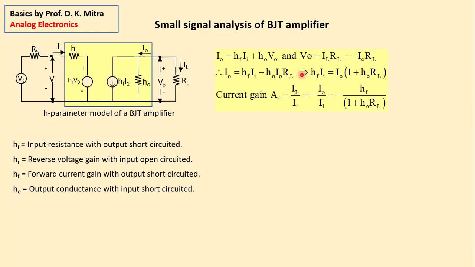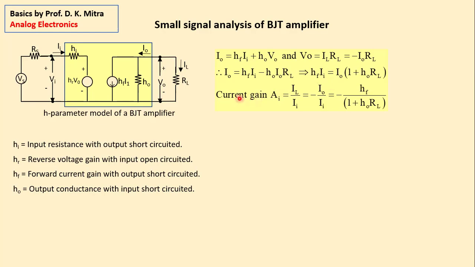From here we take HF II on the left-hand side, and IO comes on the right-hand side as IO within brackets 1 plus HO RL. So we get a relation between II and IO.